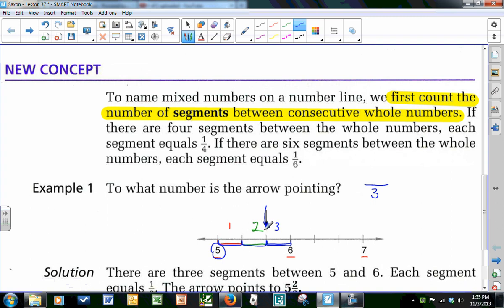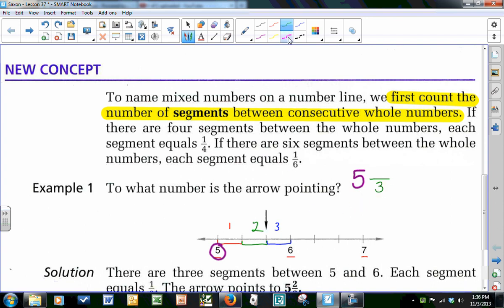Even though your 5th birthday was like 10 months ago, you have to wait until the actual day of your birthday before you can say, oh, it's my 6th birthday. So the arrow is pointing between the 5 and the 6, and you have to say that your whole number is 5. So we would write 5 as my whole number, and as I said earlier, the 3 is my denominator.